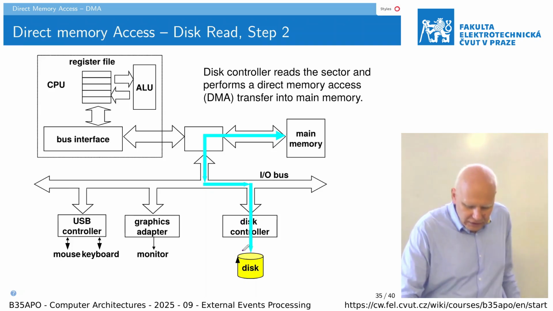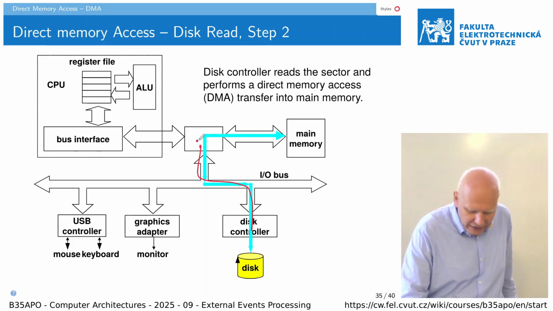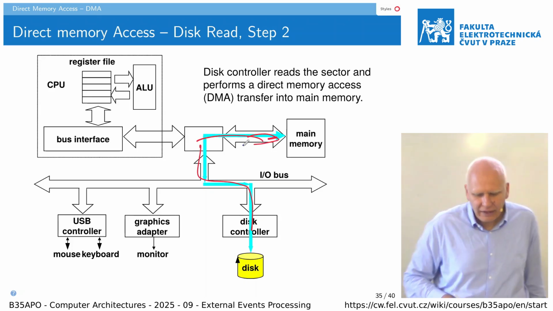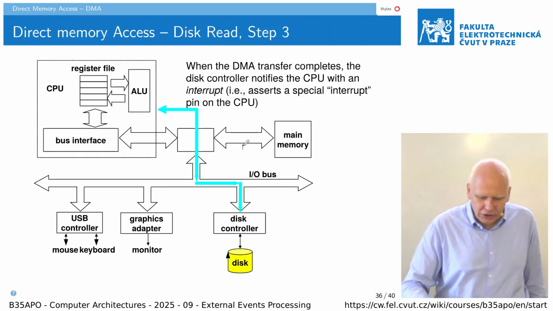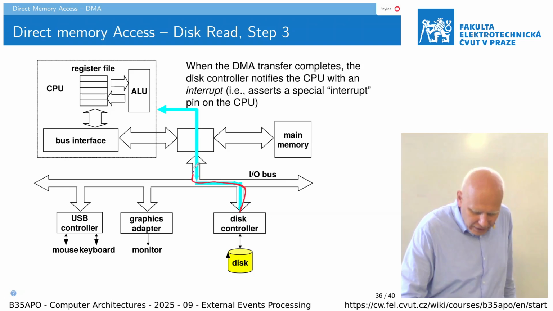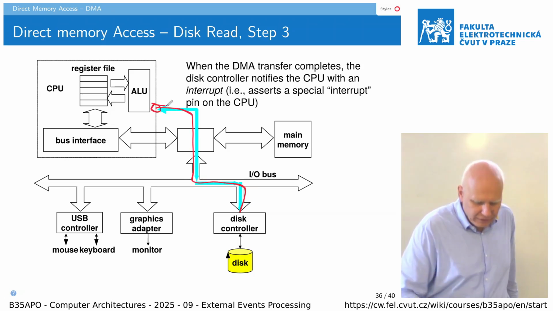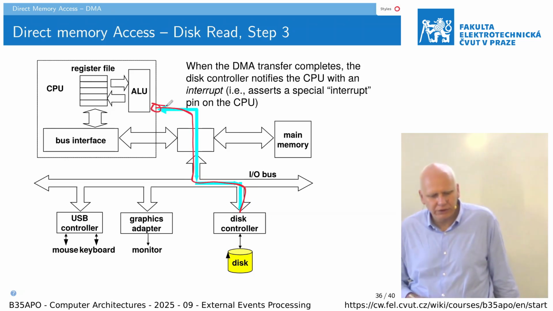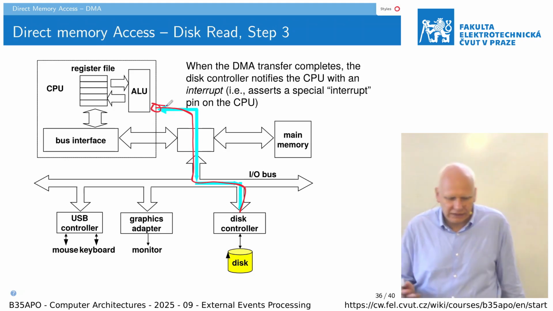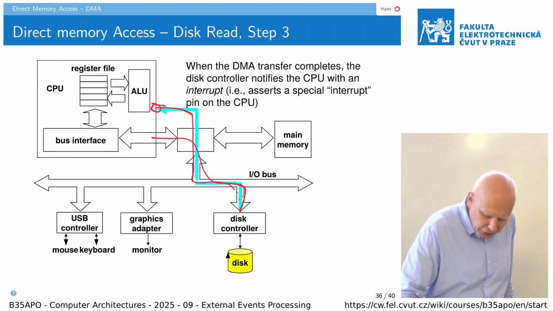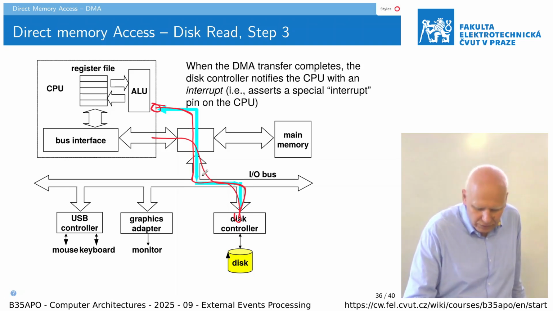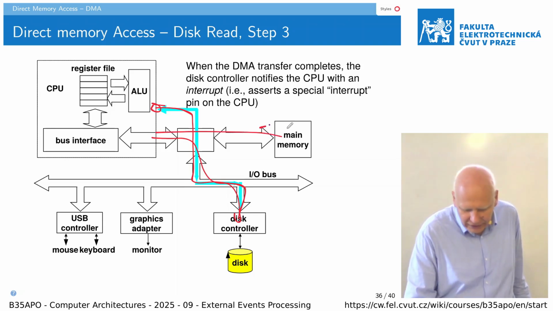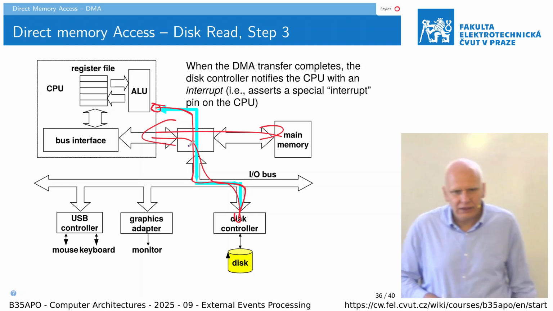Then the disk controller takes care and writes data to the memory, and when it finishes, it informs the processor by an interrupt that something has happened. The processor checks through the registers of the disk controller what the result of the operation is, and then it can directly work with the data in the memory.